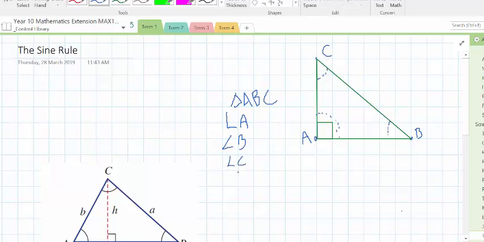We always use capitals for vertices or angles. Sides are in lowercase. Side A would be written like this. Side A is opposite angle A. Side B would be written with lowercase b, and you can see that it's opposite angle B. Side C is lowercase c, it's opposite angle C.